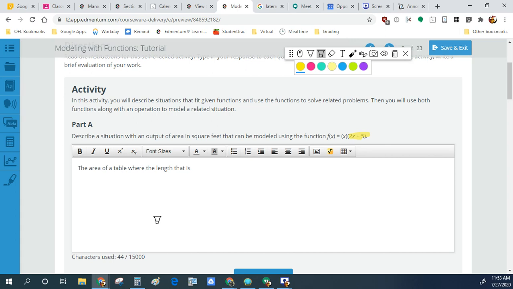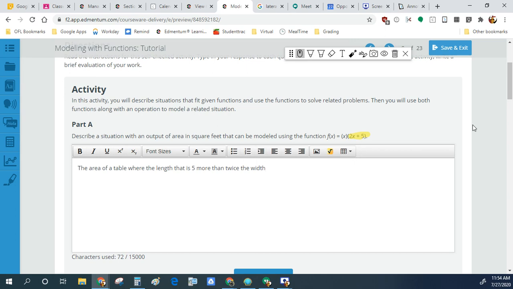And we're gonna work it backwards. So we're gonna say that is, let me go back to mouse mode, 5 more than 2 times, so I'm gonna say twice the width. So it's area because it's length times width, and the length is going to be 2 times the width plus 5 extra.